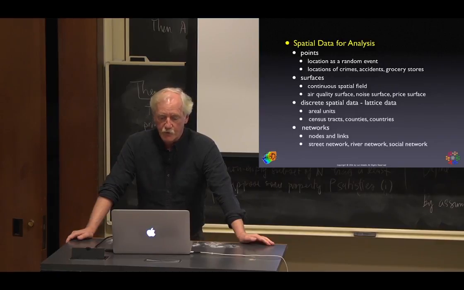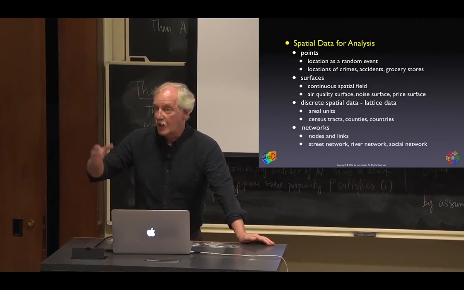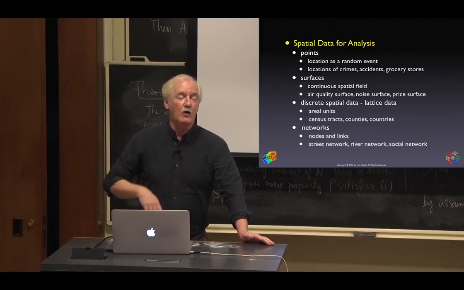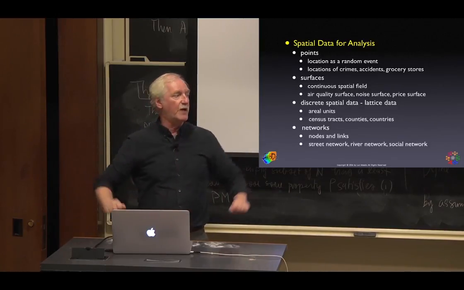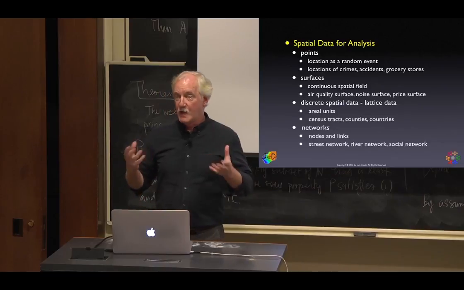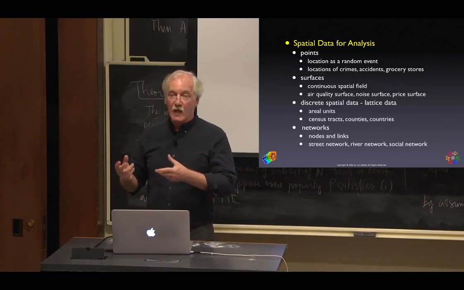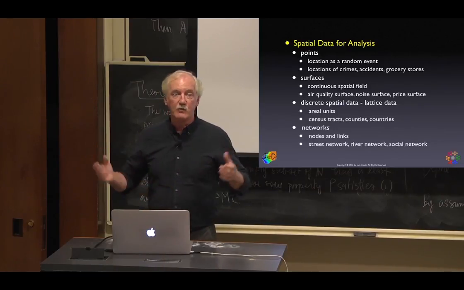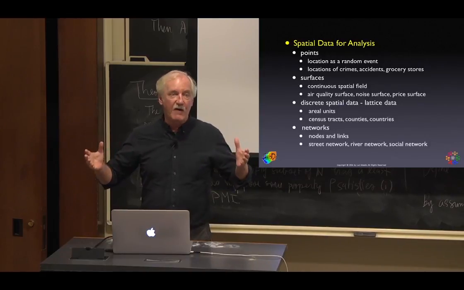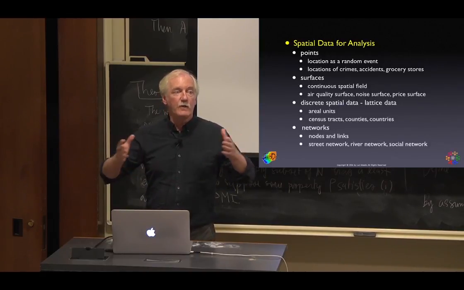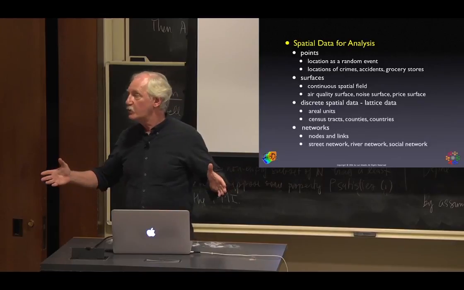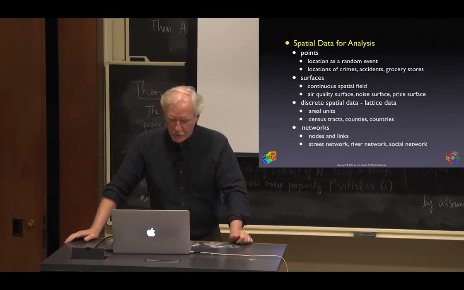Surfaces: air quality surface, noise surface. The Array of Things will have measurements on noise, and then you're going to try to interpolate that to get a measure for locations that weren't measured, right? Obviously you only have 500 sensors. What can you say about the locations where there is no sensor, right? That's spatial interpolation.